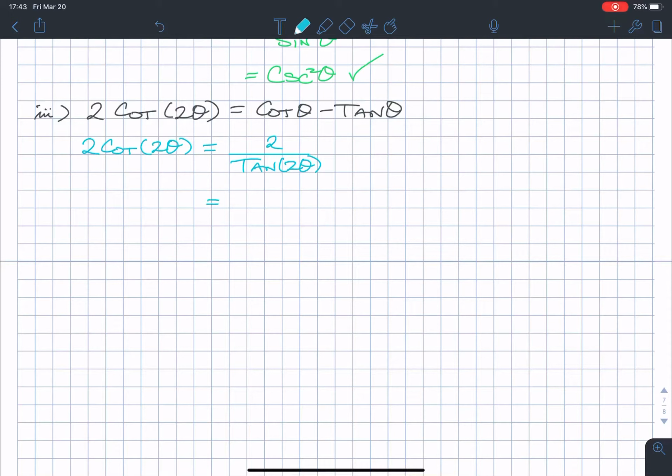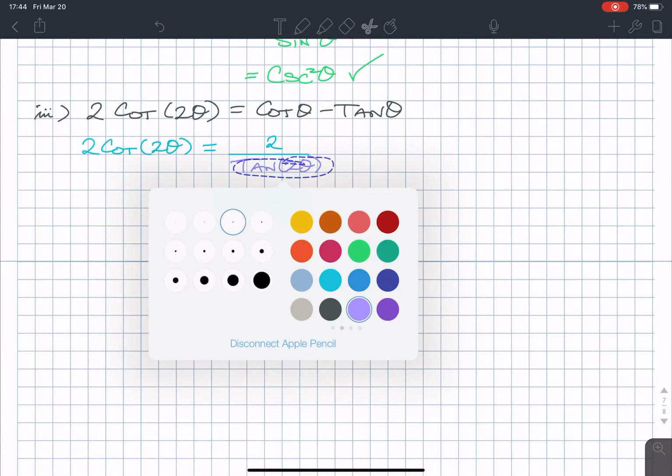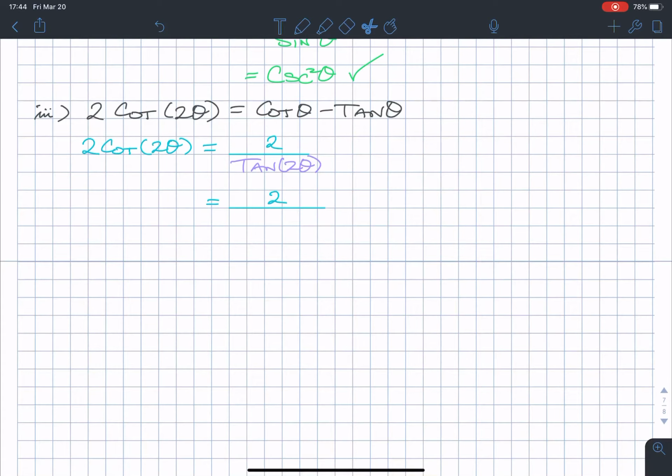So this will be 2 divided by, what is tangent of 2 theta? Well, let me color code him purple. Tangent of 2 theta was 2 tangent theta divided by the quantity 1 minus tangent squared theta.